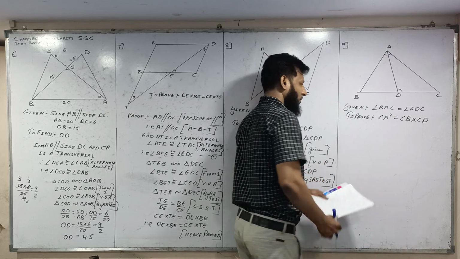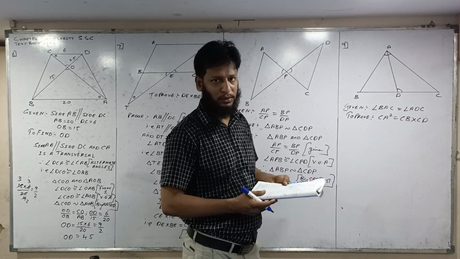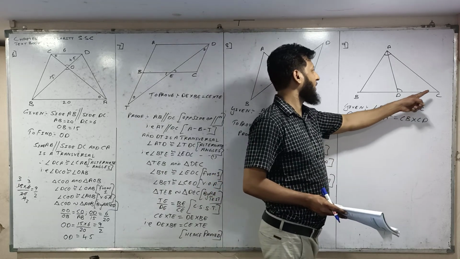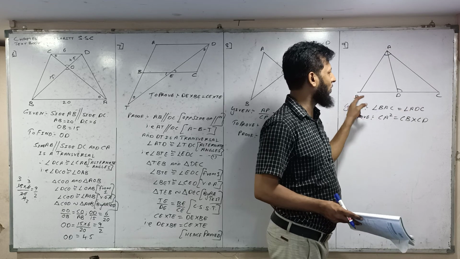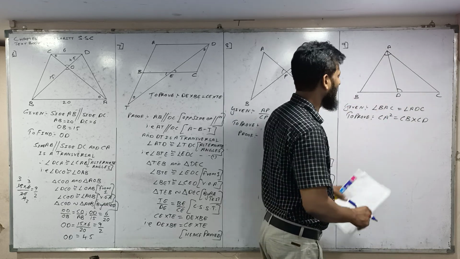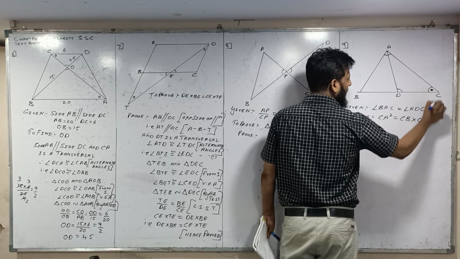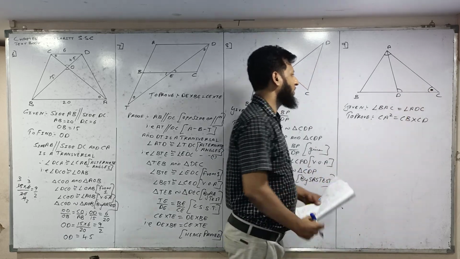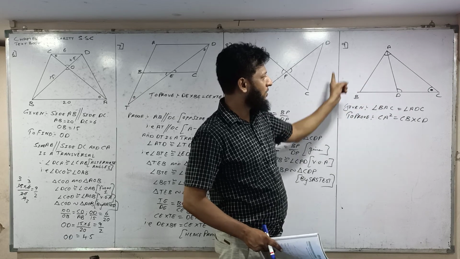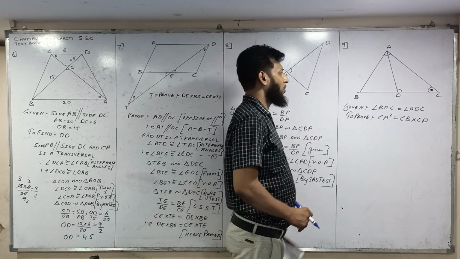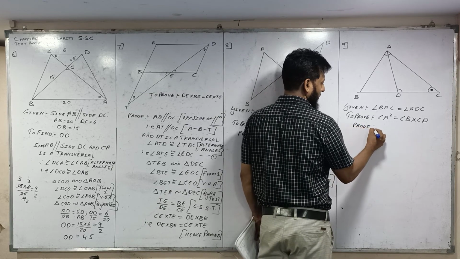Okay, so for this you have to prove the two triangles similar in which CA comes. CA comes in this triangle CAD and in this triangle CAB. CA comes in both these triangles, and see this angle is a common angle. I am putting this sign for the common angle. Angle C comes in triangle CAD and CAB also. Okay, so now I will write the name of the triangle first.